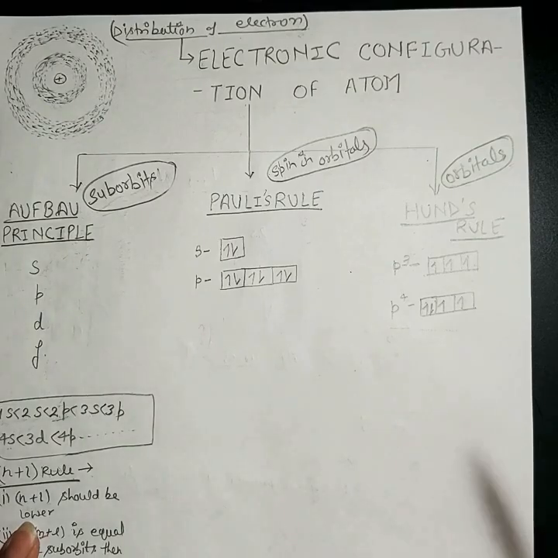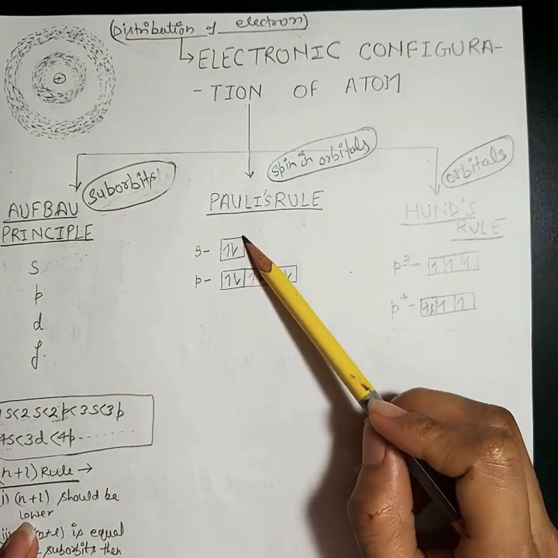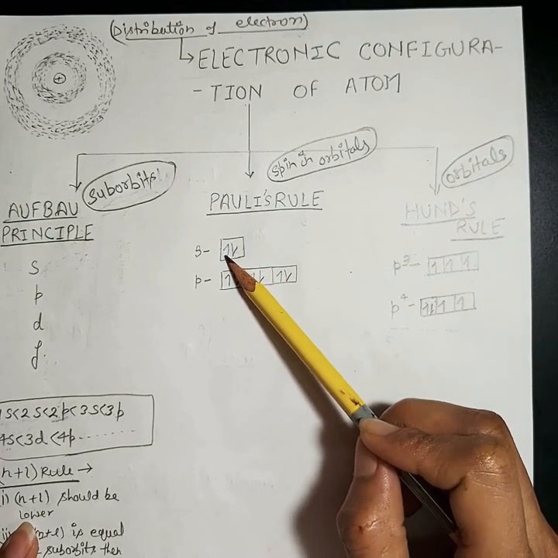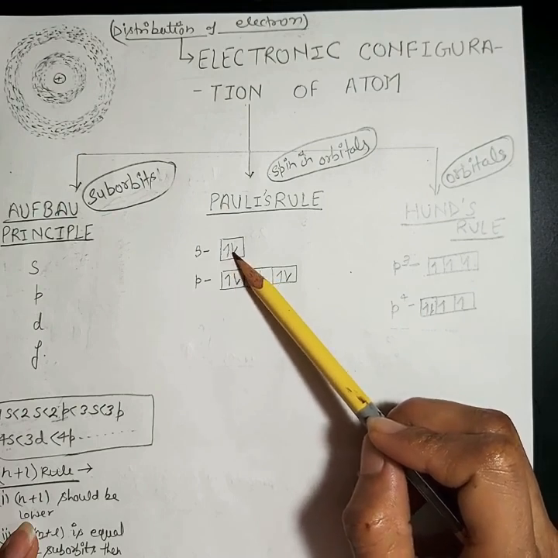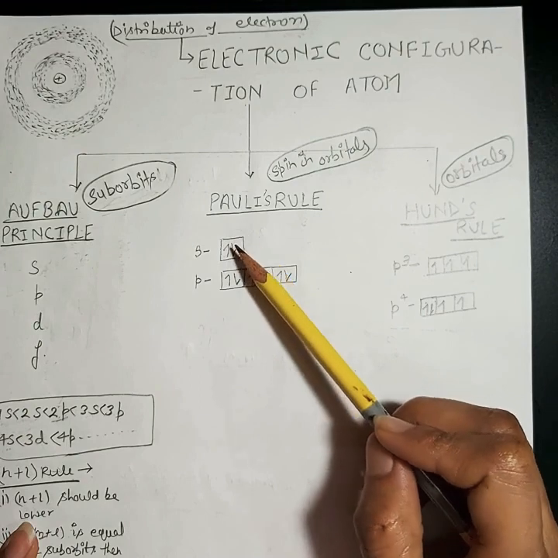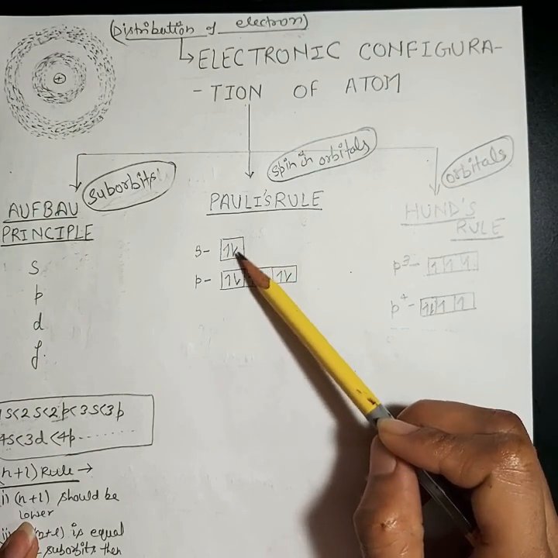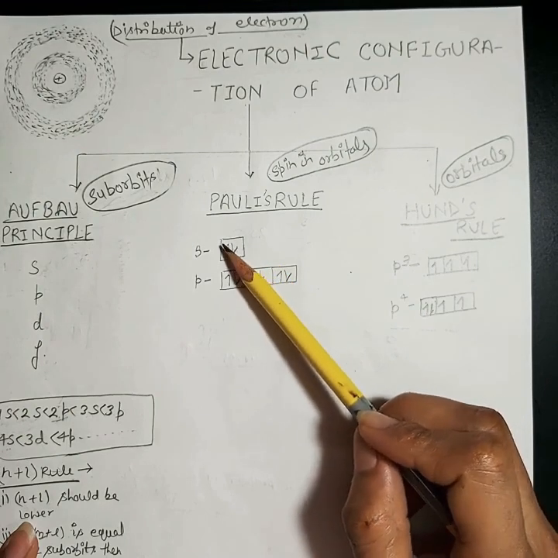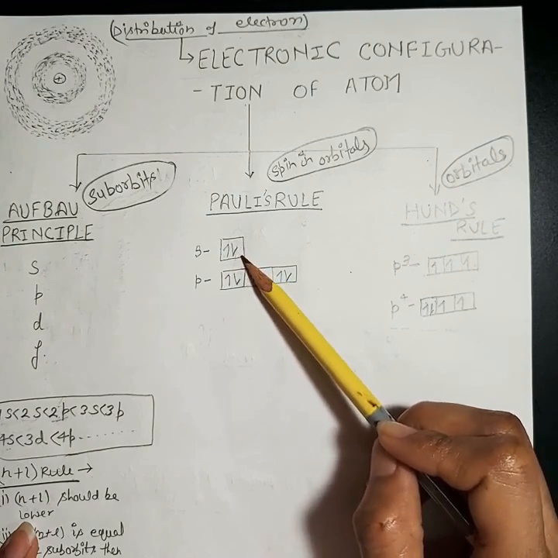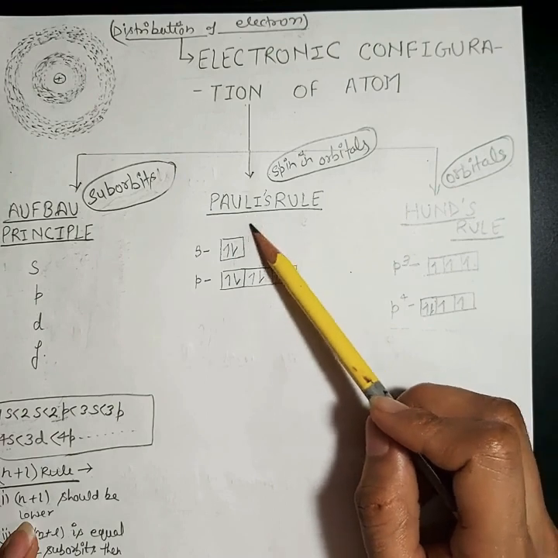Pauli's rule says that a single orbital can have two electrons, and both electrons will show different spin. Like one has a clockwise spin and the second an anti-clockwise spin. No two electrons can have the same spin in the same orbital. So this is Pauli's rule.